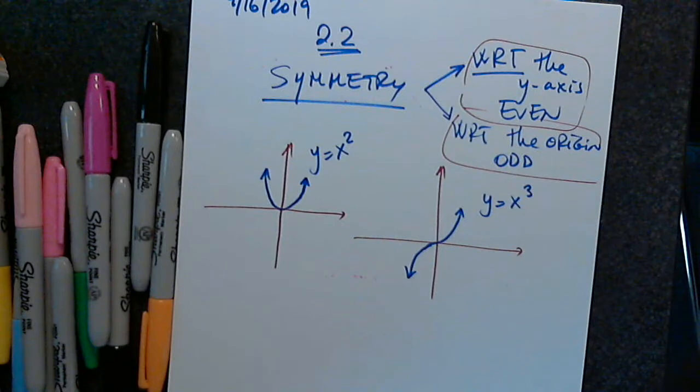They are both what type of functions? X squared and x cubed. We have some idea about linear, quadratic, polynomial, rational functions, radical functions. What do you think x squared and x cubed are? It's a big umbrella of functions.